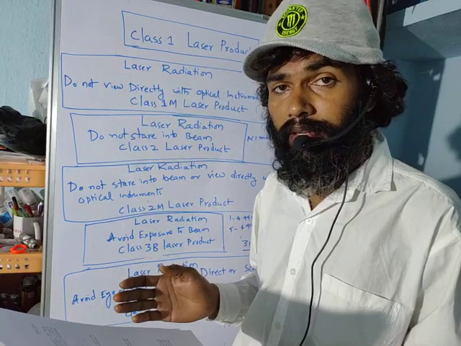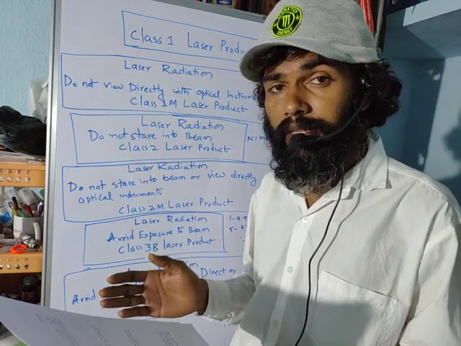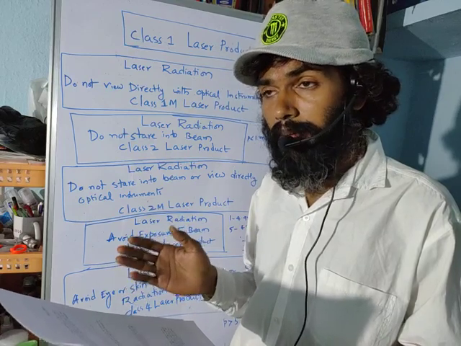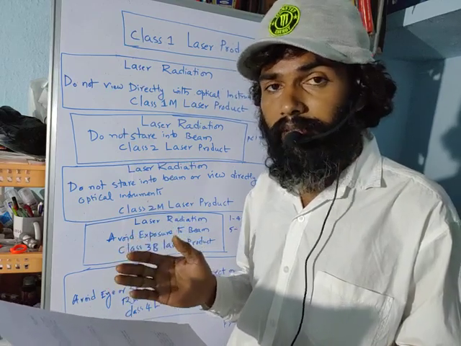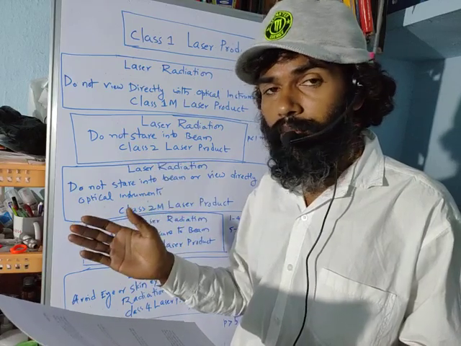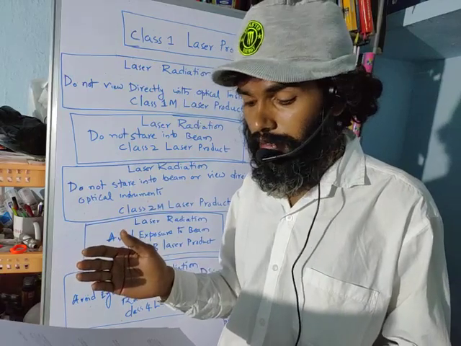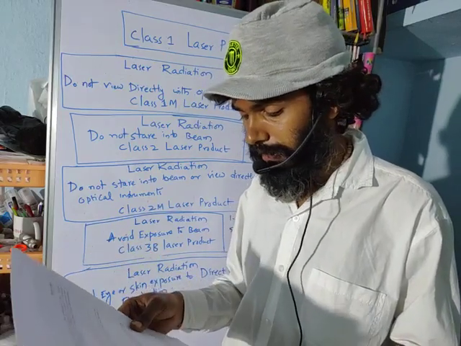That means if you look at a 499 milliwatt power beam, which has a divergence of 0.5 milliradian, from a distance of 320 meters, then you are still safe. You may not become a blind person.